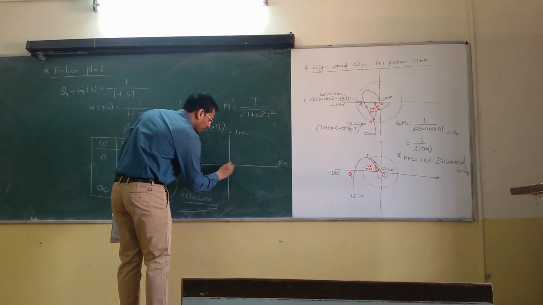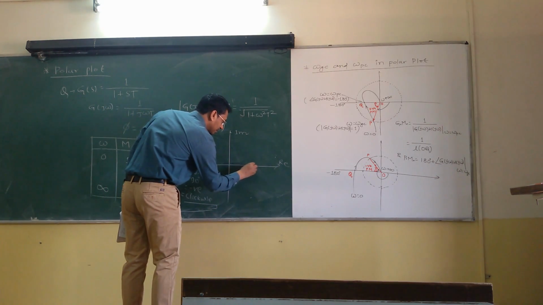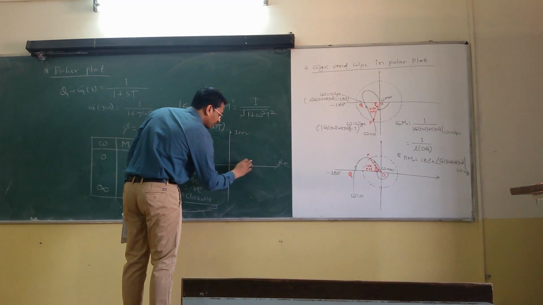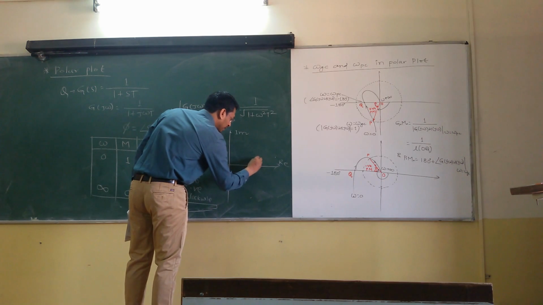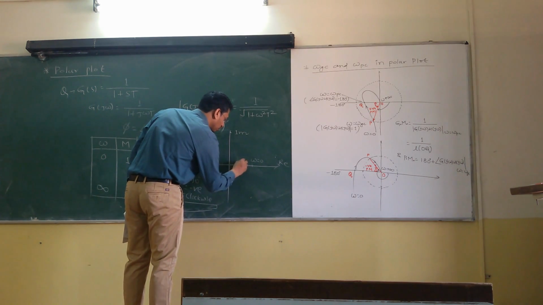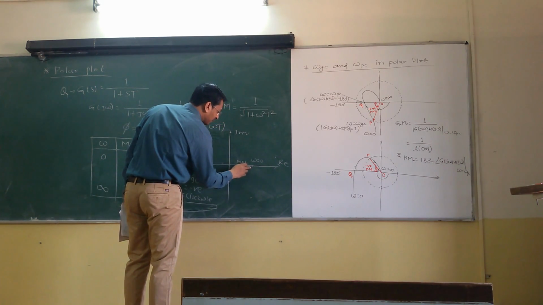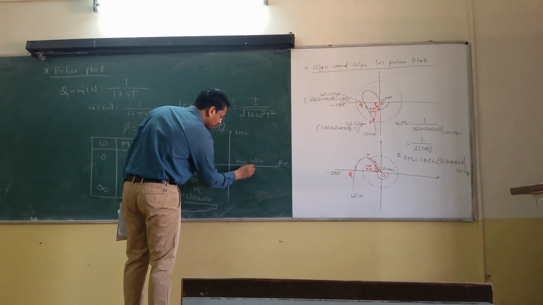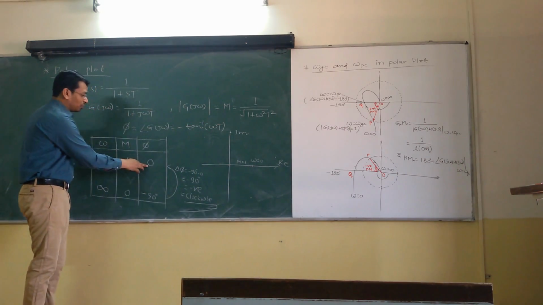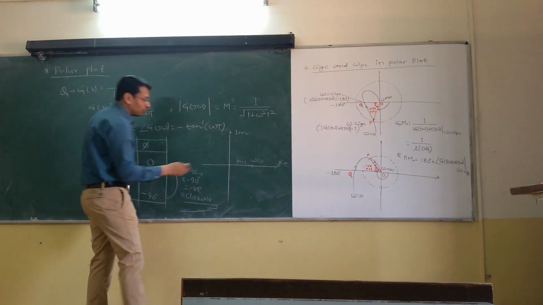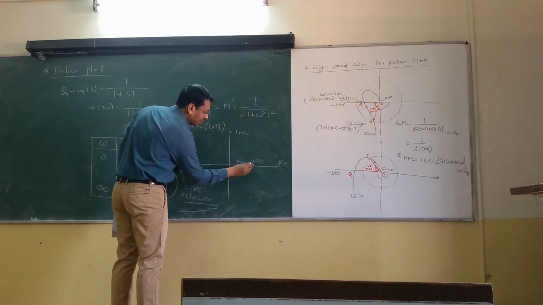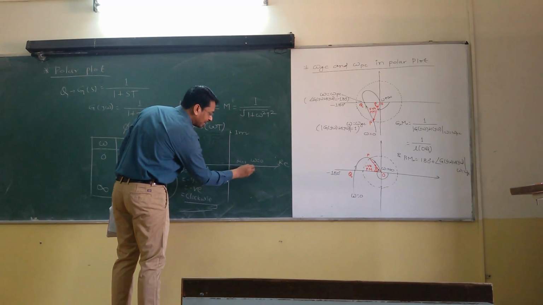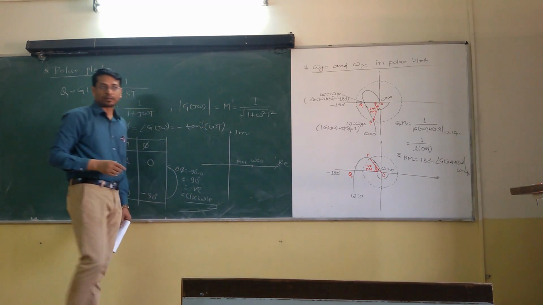Okay, so we are going to scale it. Here say it is 1. So here omega is equal to 0, magnitude is equal to 1, and phase is equal to 0 degree. So the angle with the real axis is 0, so this point will lie here. Correct?